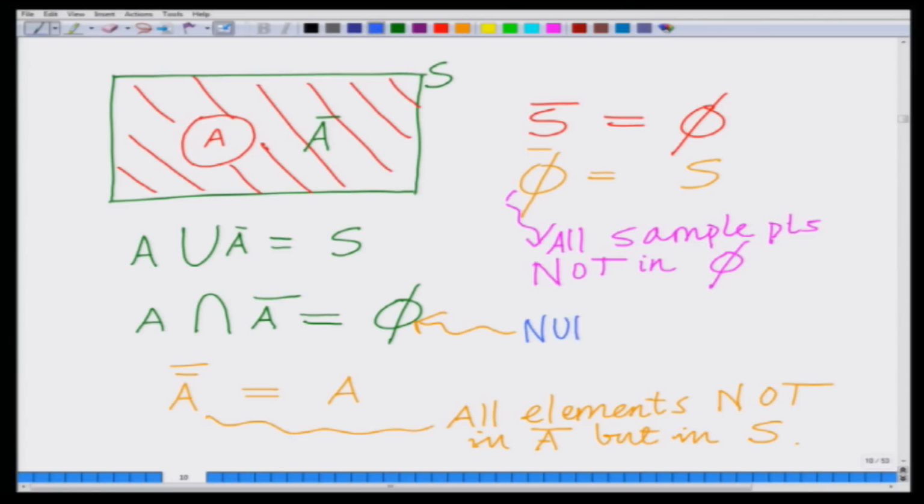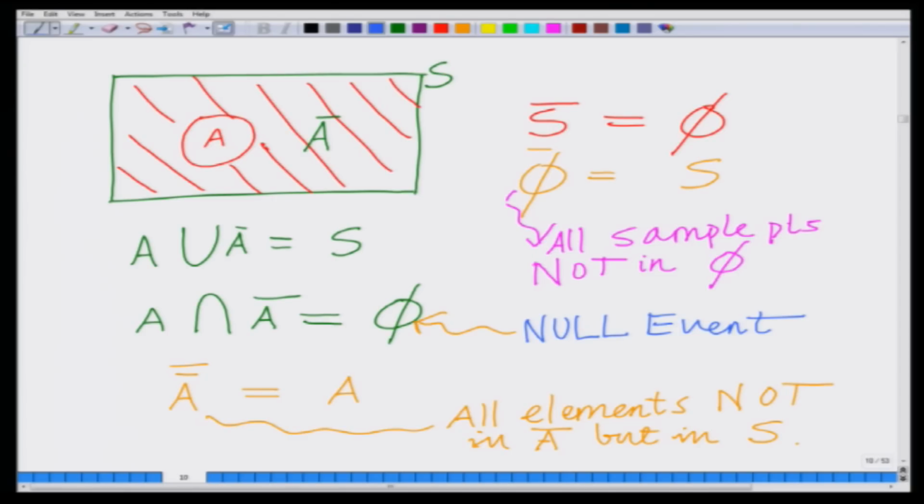So, A intersection A complement is the null event, and the complement event of the complement event of A is A. These are some properties which I will not go into the details of, and which are fairly obvious both from elementary set theory and from the simple diagrammatic representation that is given here.